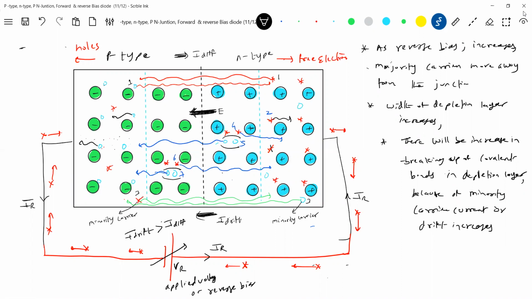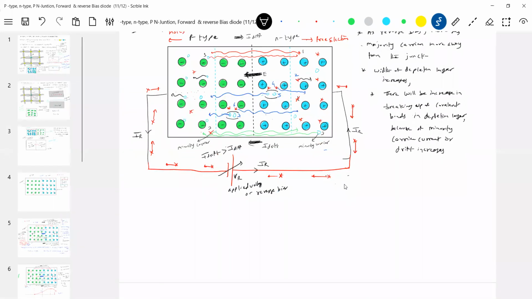So if I plot the graph, let me go for the graph here. When I plot the graph, there's a reverse voltage, reverse bias, and there's a reverse current.